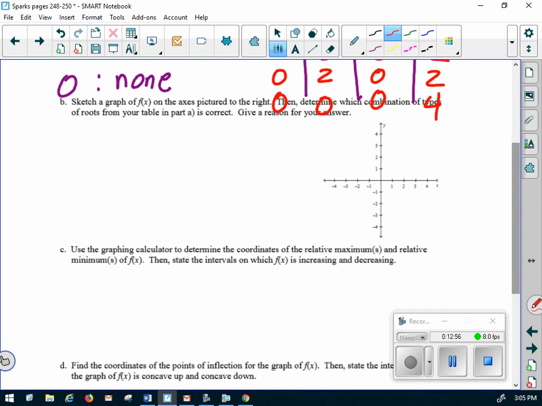So we've got a 0 that's almost at -2, about halfway between 0 and -1/2. Y-intercept's at -2, and both ends open down. So something like this.